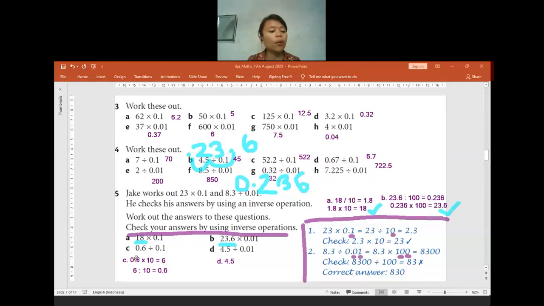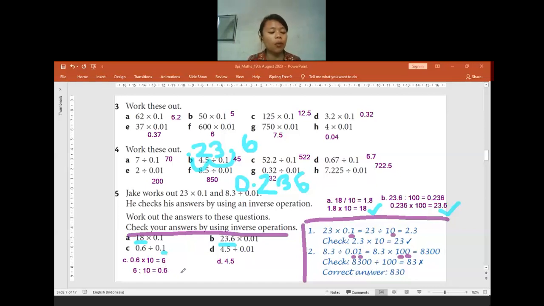Now we go to question C. We divide the number by a decimal. It means we can multiply the number. Because this is one decimal place, the 0.1 becomes 10. 0.6 times 10, the answer is 6. So now for checking using inverse operation, we do 6 divided by 10, and the answer is 0.6.